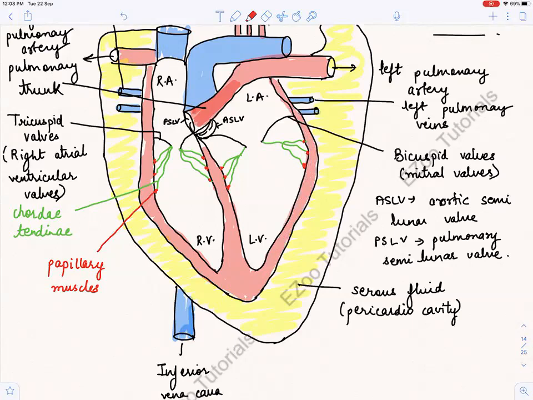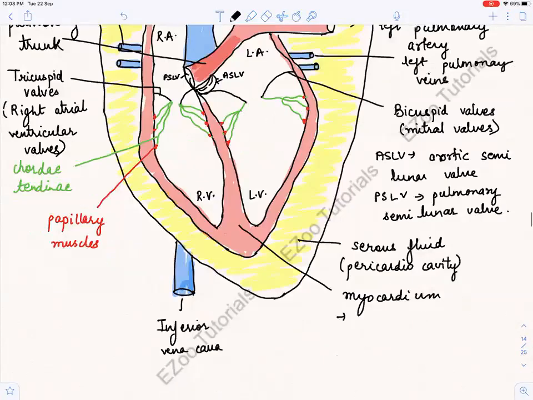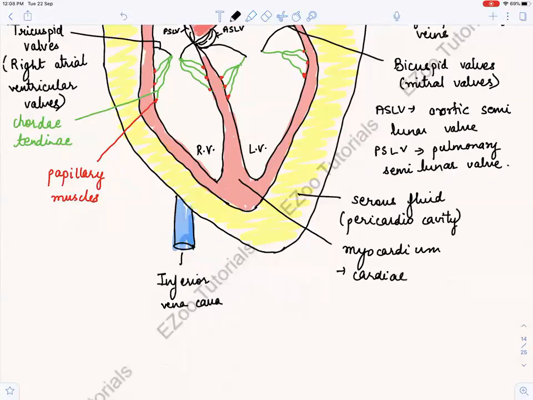So what is this that I have drawn? This is the myocardium, basically the cardiac tissue. And the left side is very thick because it is a more powerful pump.